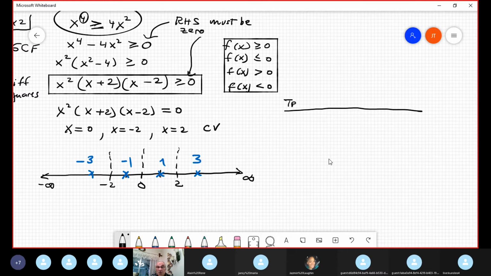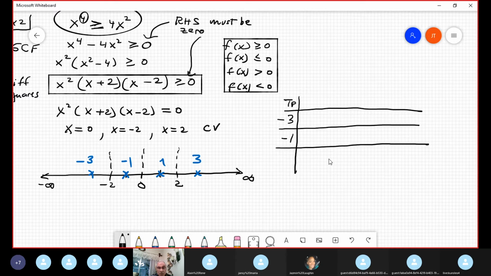Testing points: negative 3. Each testing point represents a row of the table. Negative 1, another row. Positive 1, another row. And positive 3, one more row.